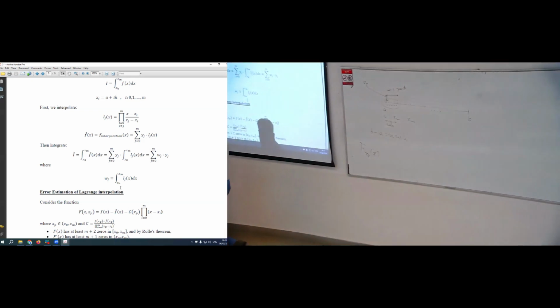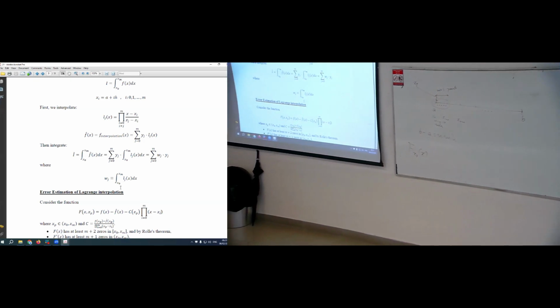Therefore, by Rolle's theorem, its derivative has m plus 1 zeros.